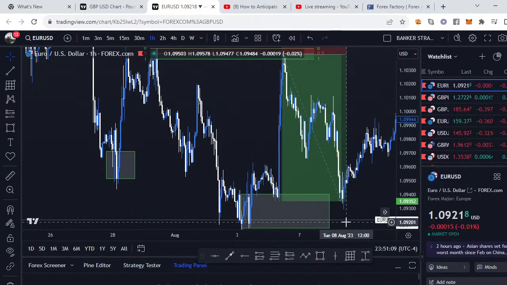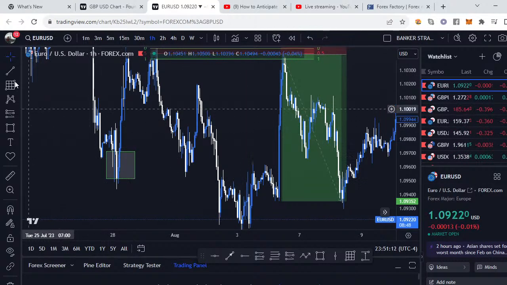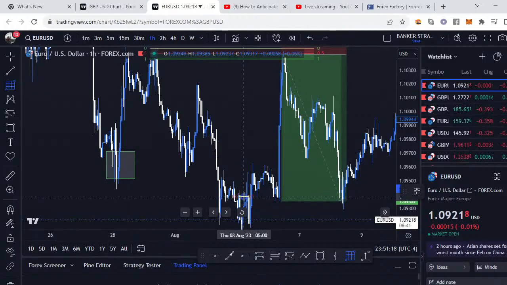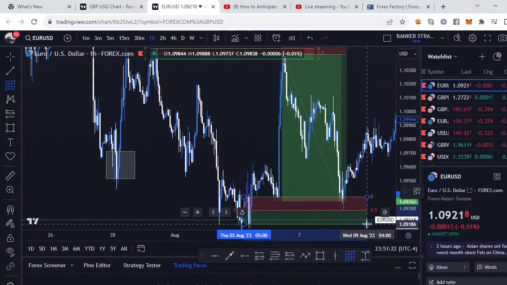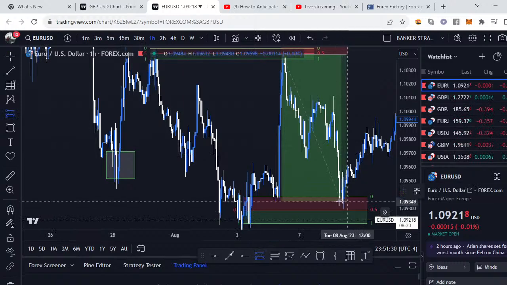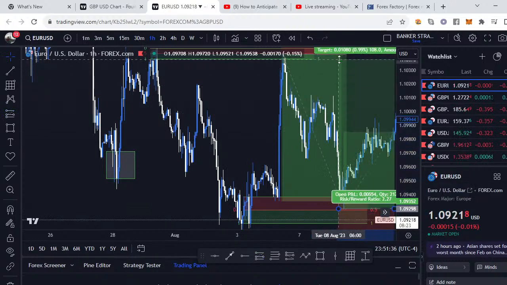And then see this? You take the same thing, eventually take this and take that buy right back up to this high right here.